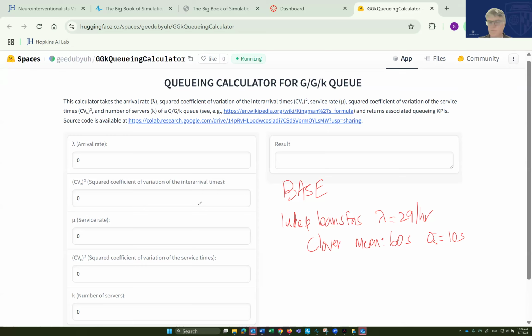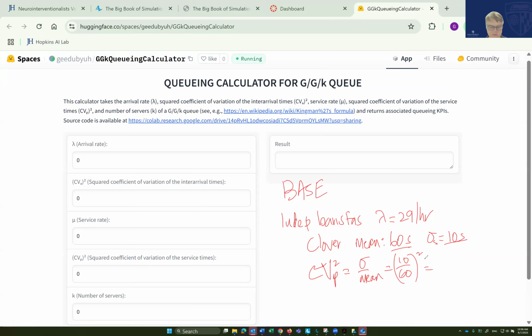Now, to calculate the CV sub p squared, the coefficient of variation squared for the processor, you take the standard deviation over the mean, so it's going to be 10 over 60, because standard deviation is 10, mean is 60.